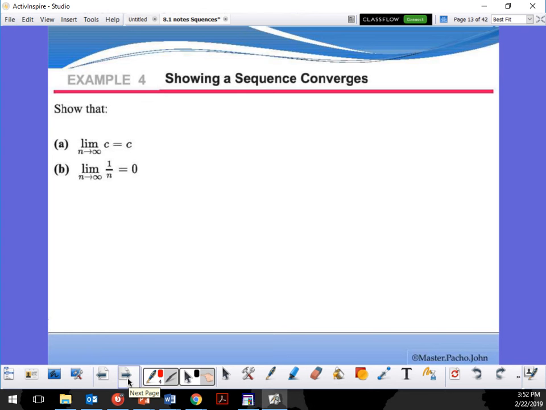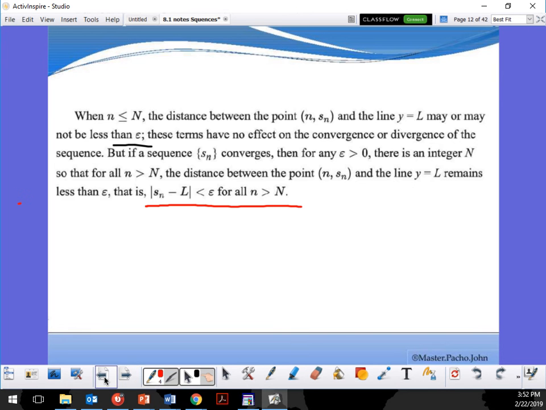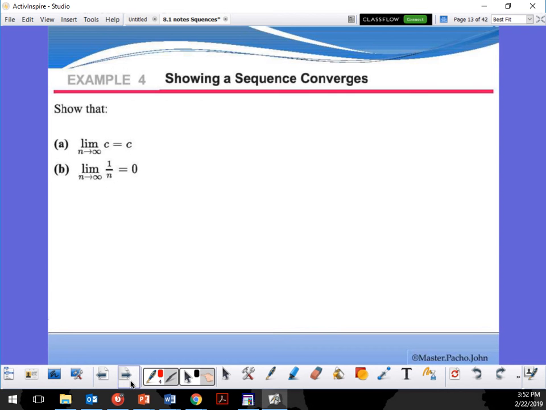Show that the constant sequence converges. Okay, use the previous thing, which I underlined right there. So my sequence is going to be C. So it's going to be the absolute value of S of n minus L less than epsilon.